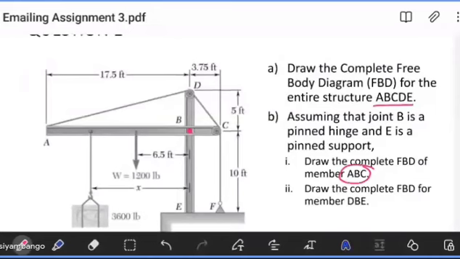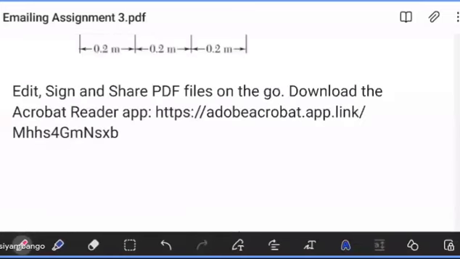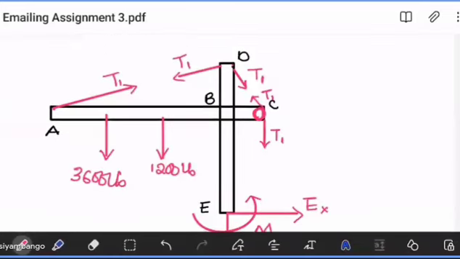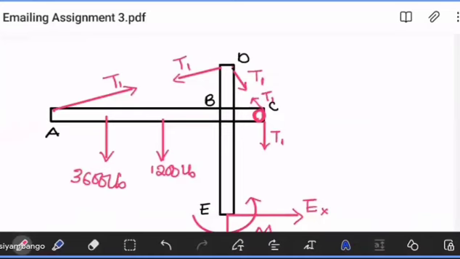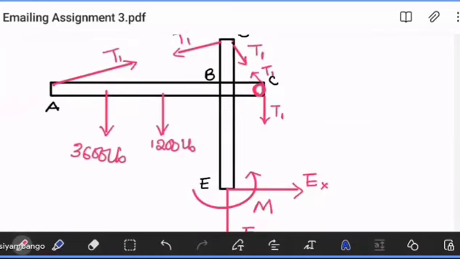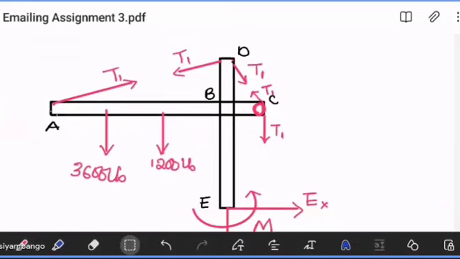Now it's like they are separating the two members, ABC and the member DBE. When you separate the members, what was hidden now comes out. What was once the internal forces there, due to separation, now has to show up as an external force.